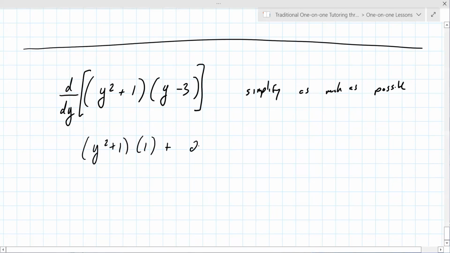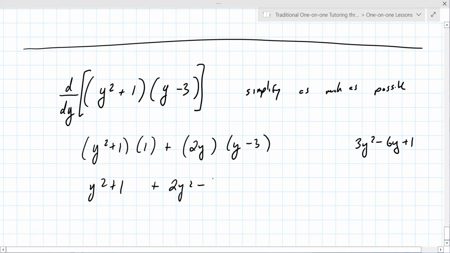I got 3y squared minus 6y plus 1. Okay. Let me finish up here. y squared plus 1 plus 2y squared minus 6y. Yeah, that looks good. Cool.